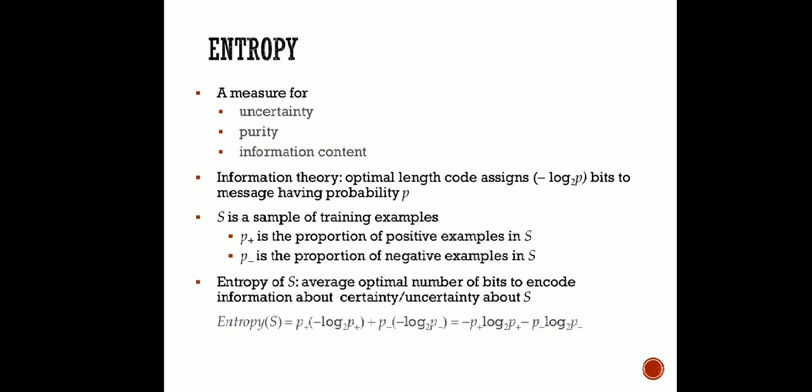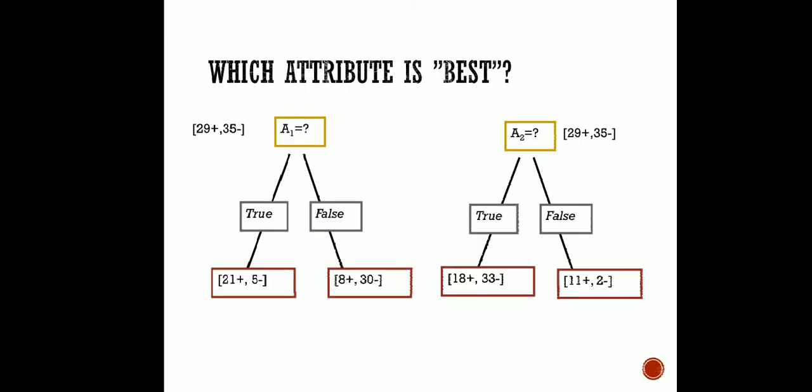If you remember that one, this node, that A1 is having 29 positive values and 35 negative values.